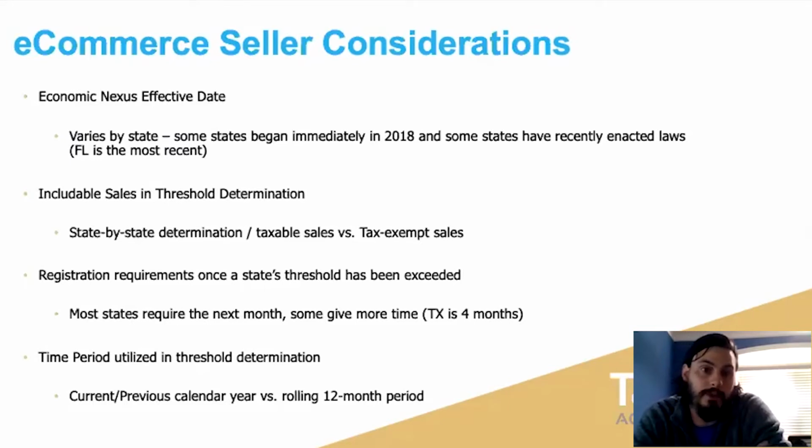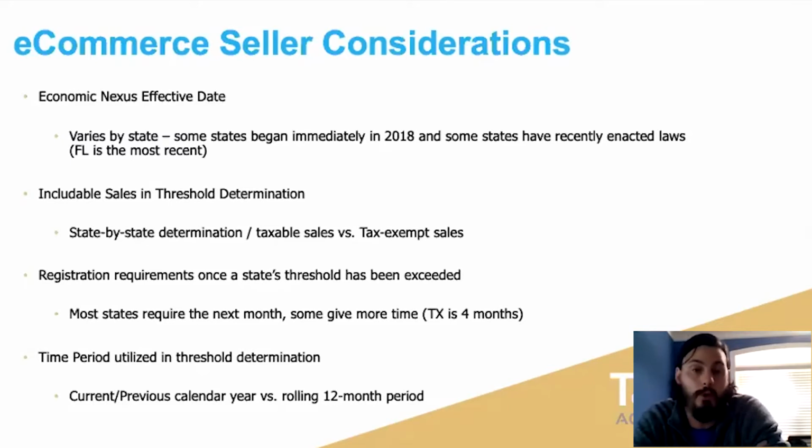So, let's talk about the effective dates. This is number 2 of 20. This varies by state. Some states began immediately enforcing this as soon as that decision came out in the South Dakota versus Wayfair decision. And some states have lagged.